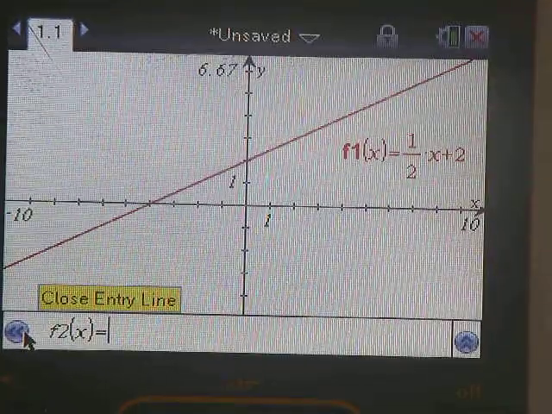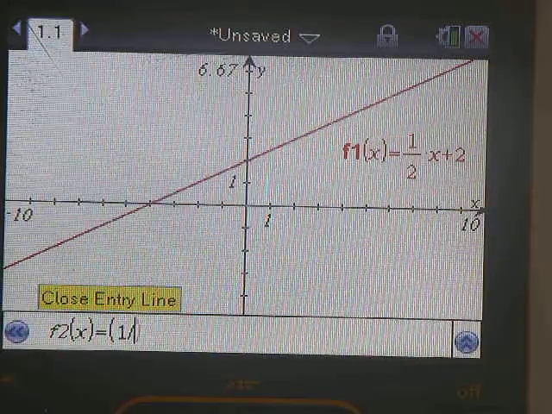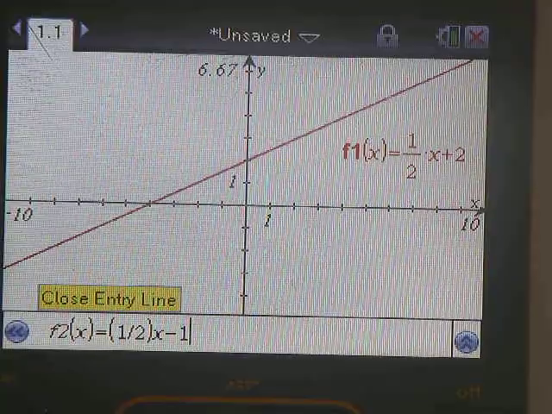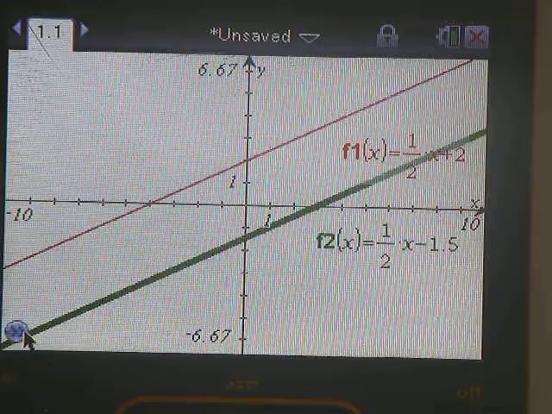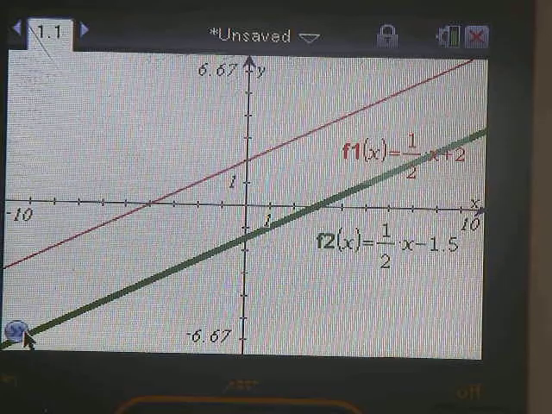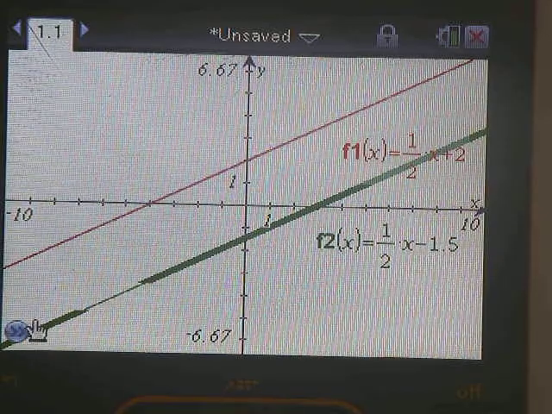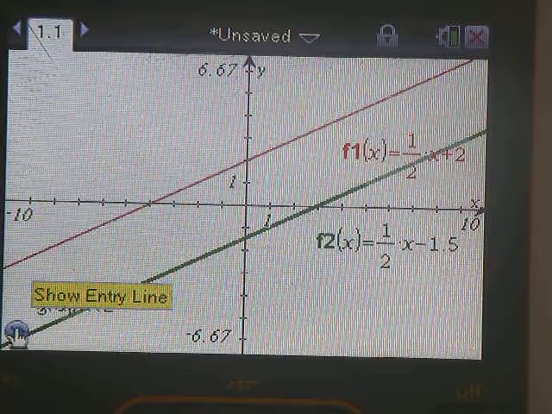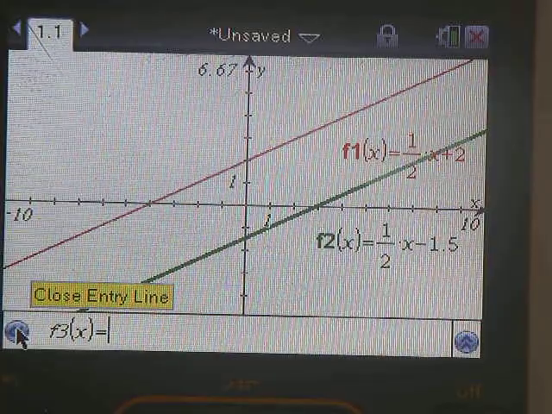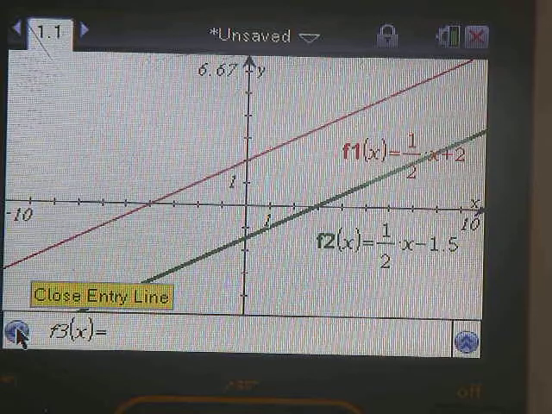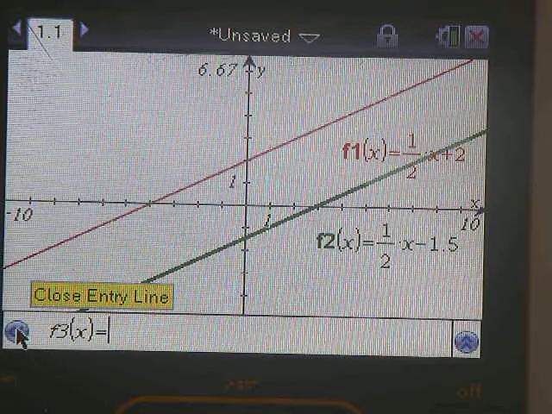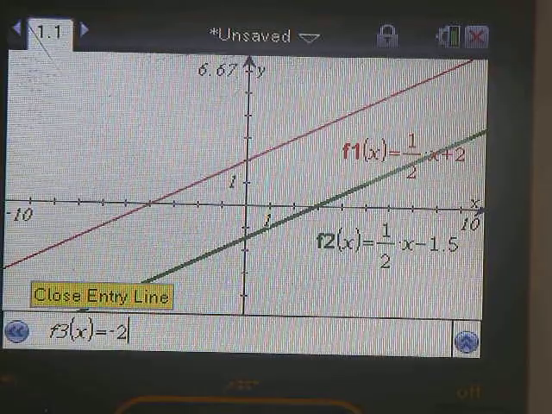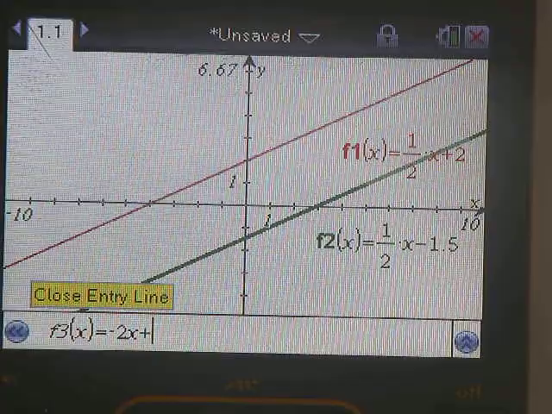Right now, the equation we had that was parallel, let me double check, look at my sheet here. We said that the equation y equals 1/2 x minus 1.5 was parallel. So let's put that in. Parentheses, 1 divided by 2 x minus 1.5. Is that parallel? Looks like it to me. Yep.